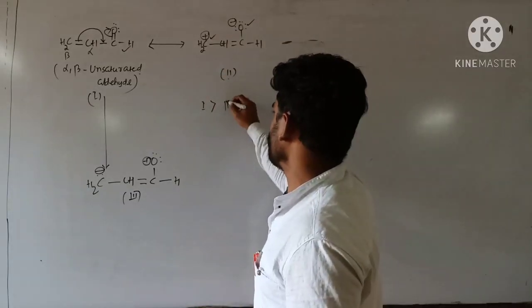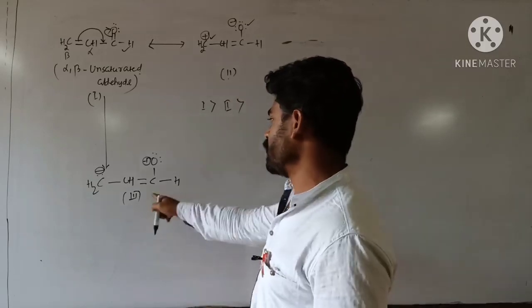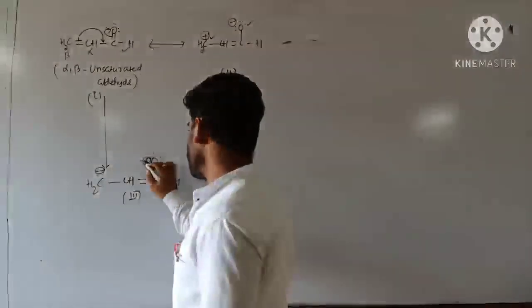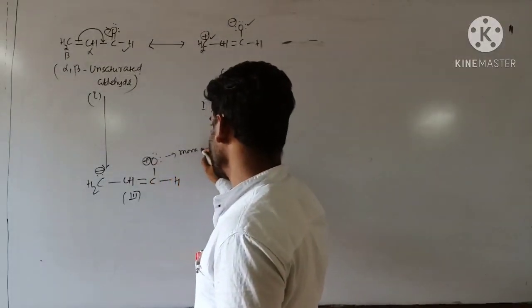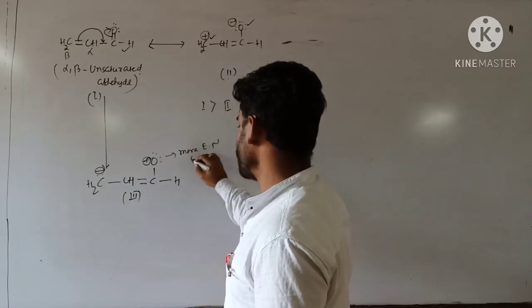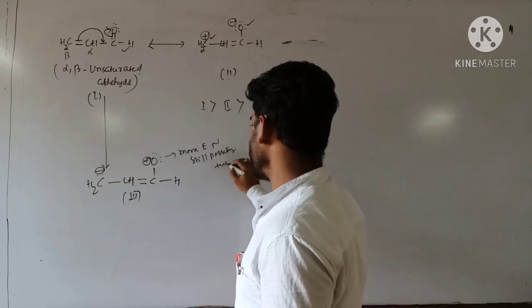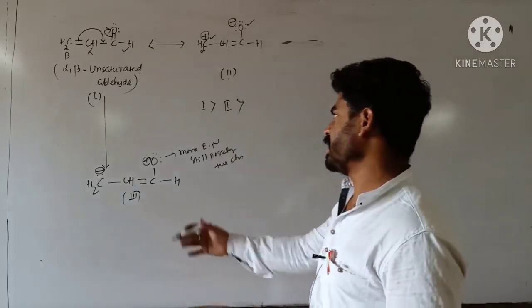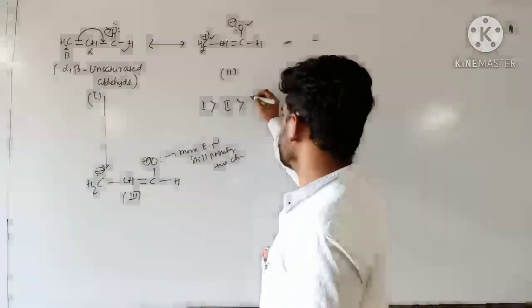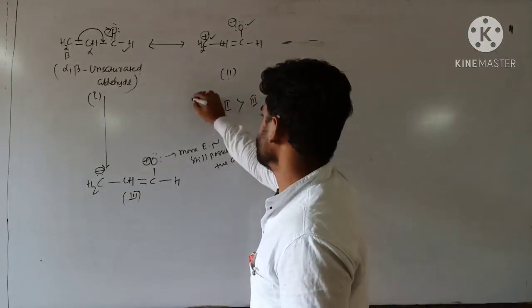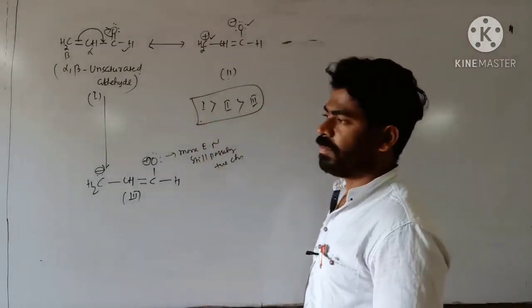So structure 2 definitely. Then in case of structure 3, although it is more electronegative, it still possesses positive charge, so it is less stable. So less contribution towards resonance hybrid. And the final one, that is third. So this is the order of stability.